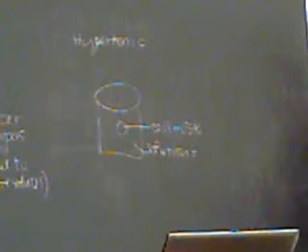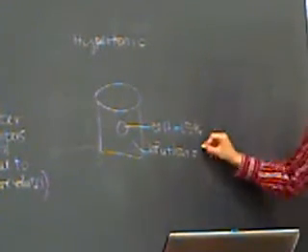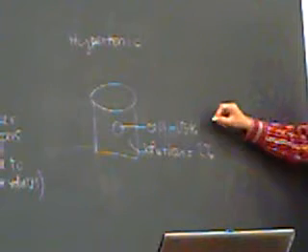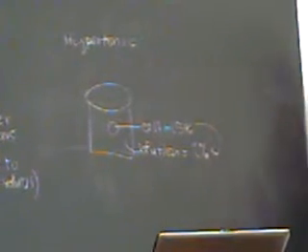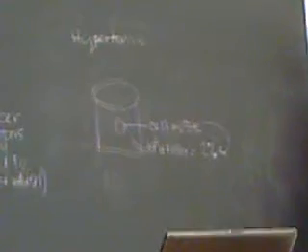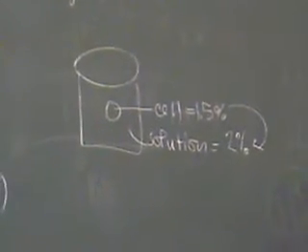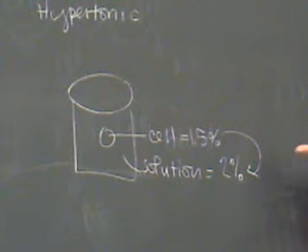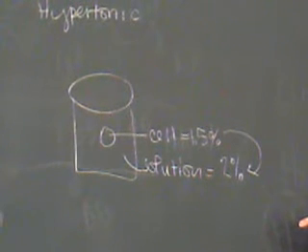Anything higher than 1.5, so I heard somebody say 2, so let's go with that one. And that trend always works. If you draw an arrow to the higher number, that's where water's going to travel. The goal of that water movement is to equalize solute concentration. So water leaves the cell here in favor of going to the extracellular environment.